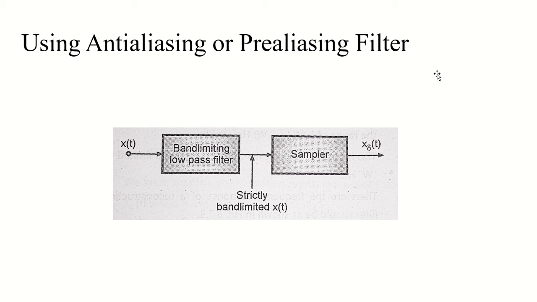This band limited low pass filter will have a limited cutoff frequency, around omega, and therefore it will strictly band limit your original signal before the sampling process takes place. That is why this filter is called an anti-aliasing filter or pre-aliasing filter, because it is applied before the sampling takes place. Pretty simple.